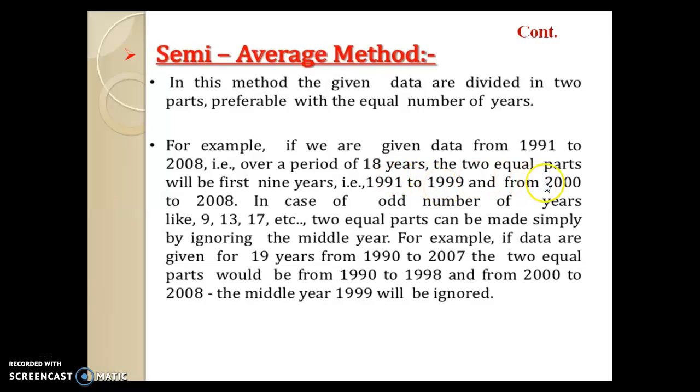This is the first part, and the second part is from 2000 to 2008.